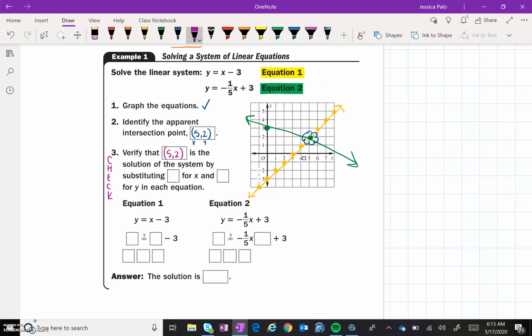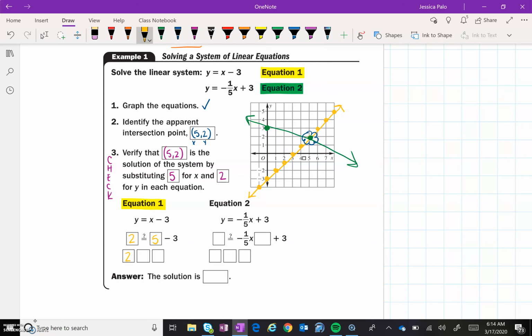So you are going to substitute the value of x, which is 5, and the value of y, which is 2, into both of your equations. So starting with equation 1, I'm going to substitute 2 for y and 5 for x.